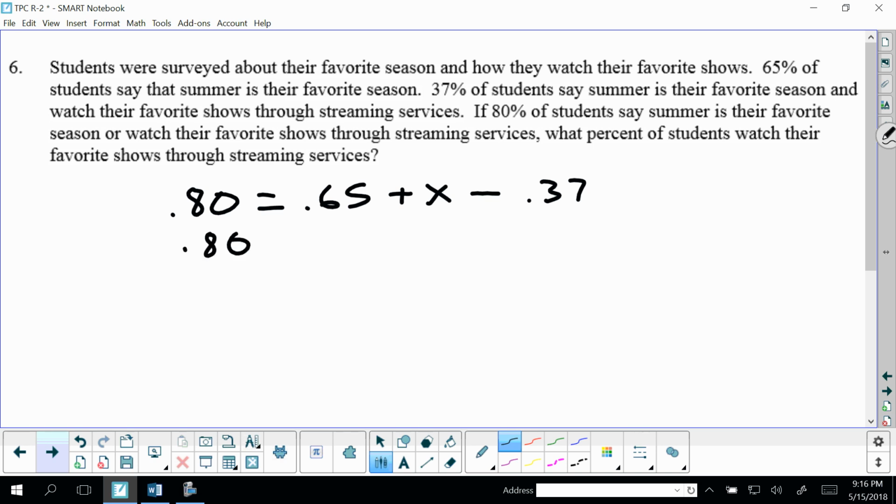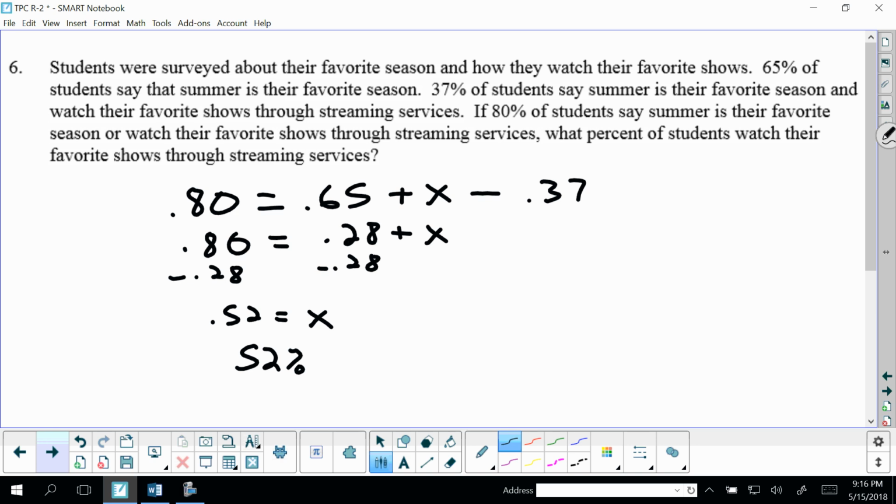So this will give us 0.80 equals 0.65 minus 0.37, which gives us 0.28 plus x. When we subtract over the 0.28, we should get 0.52 equals x. And they asked for a percent, so that would be 52%.